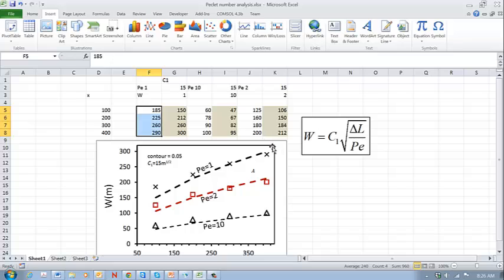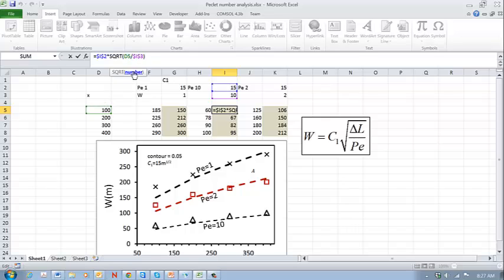What I wanted to do is evaluate this function, so I put this function in each cell right there. It's the square root of d5, the distance, divided by that number, which is the Peclet number, and multiplied by C1.